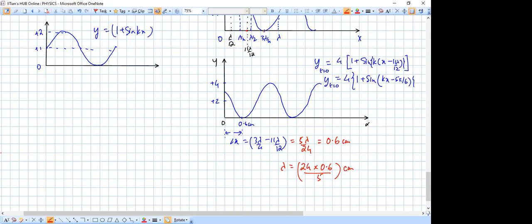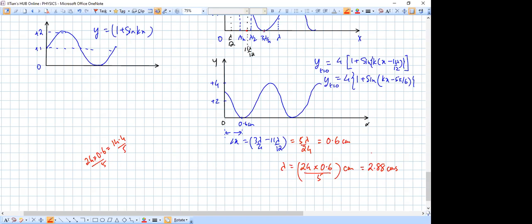Okay, so that will become how much? Twenty-four into 0.6 is 14.4 divided by 5. So lambda should be 2.88 centimeters.